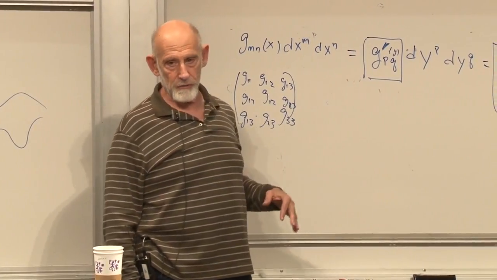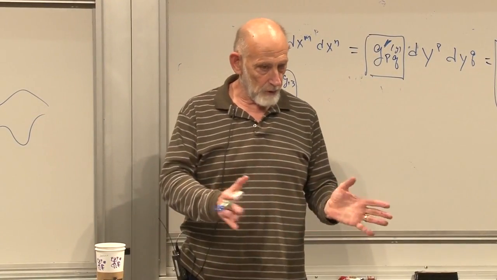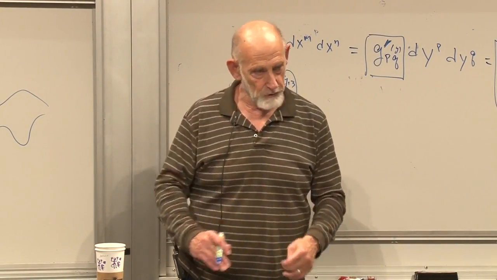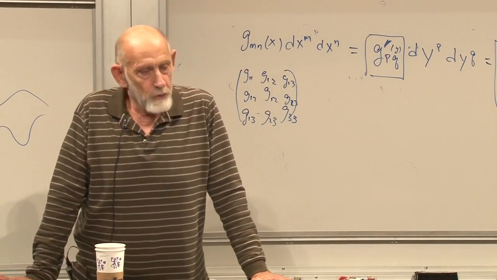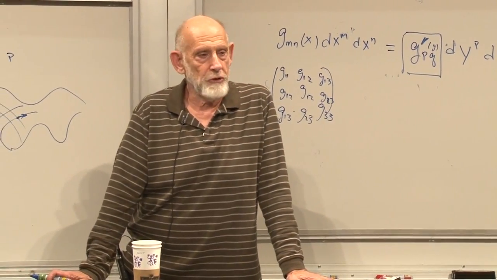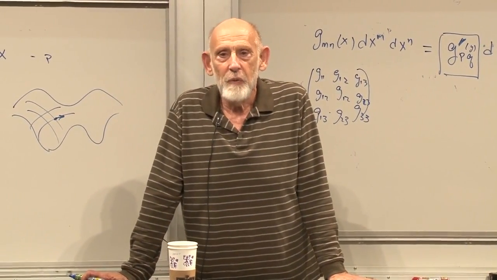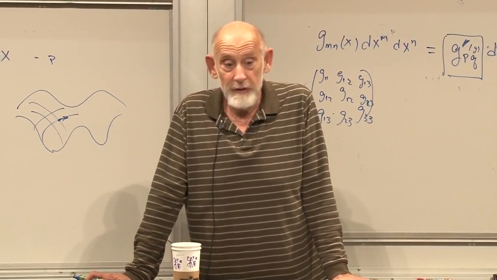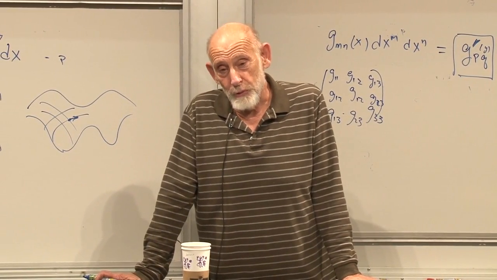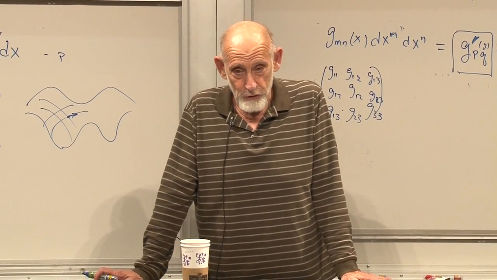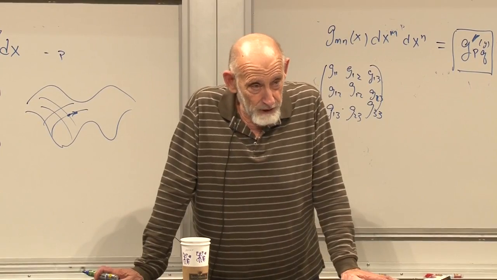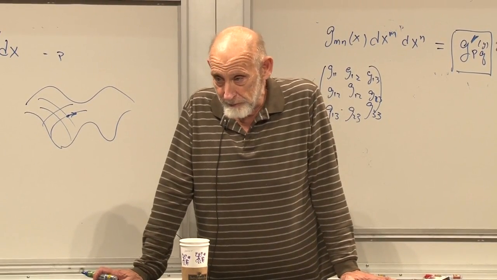And there are no vectors of zero length; every direction has a length associated with it. What do you know about matrices which are symmetric and don't have zero eigenvalues? They are Hermitian, but they're also invertible. In other words, they have inverses. The metric tensor has an inverse.